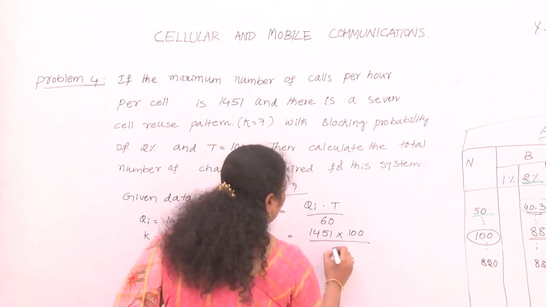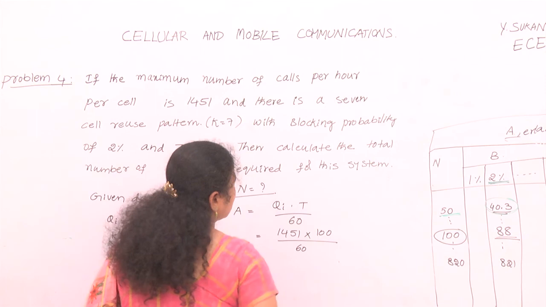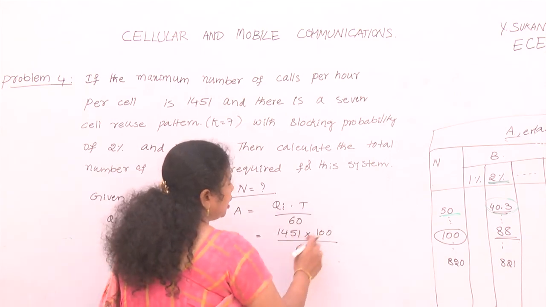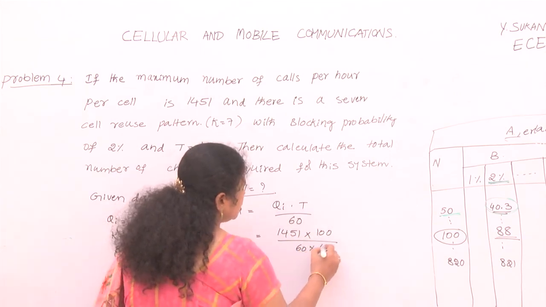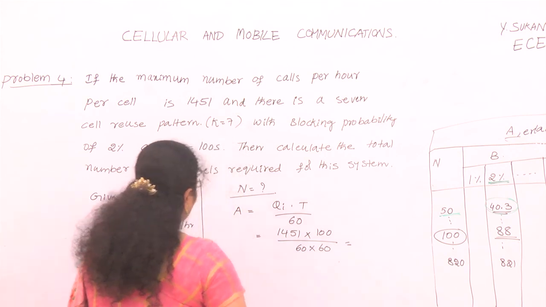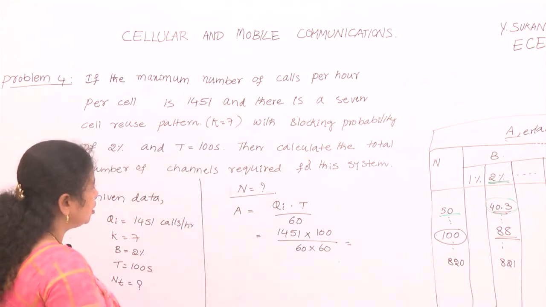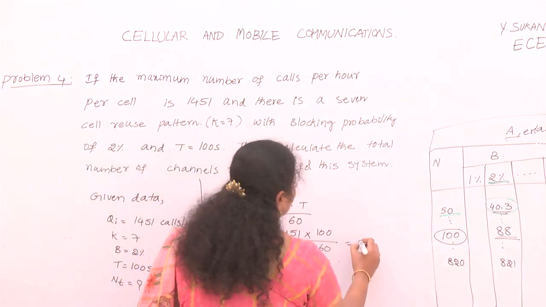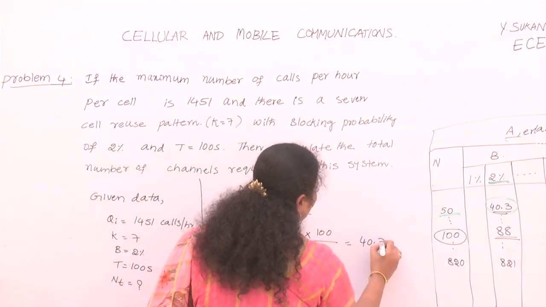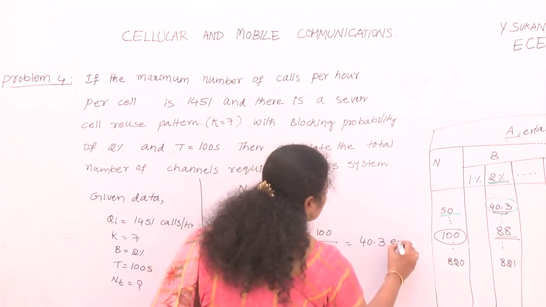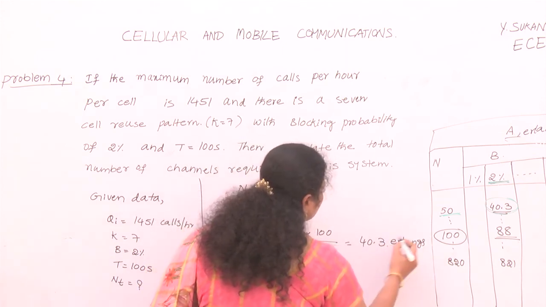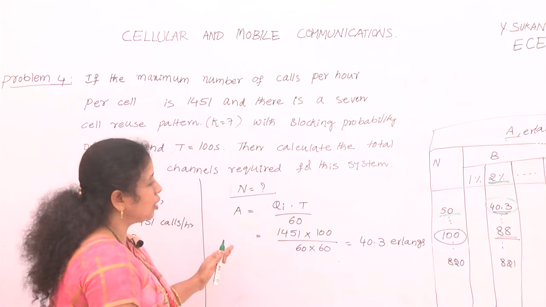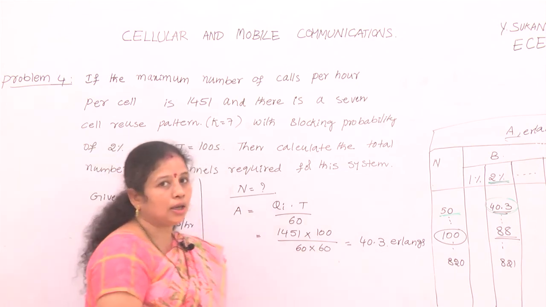T should be converted into minutes, so 100 by 60 into 60. After simplification, you will get the value of A as 40.3 erlangs.